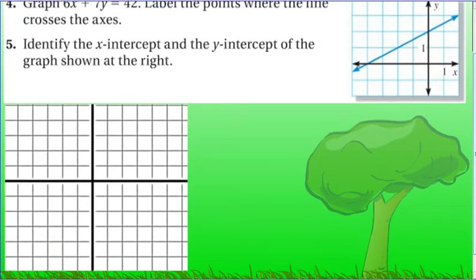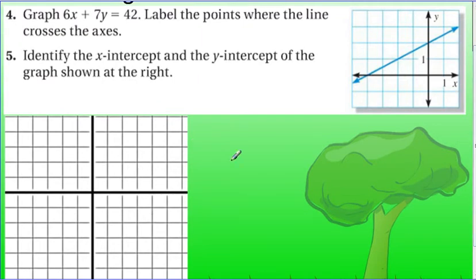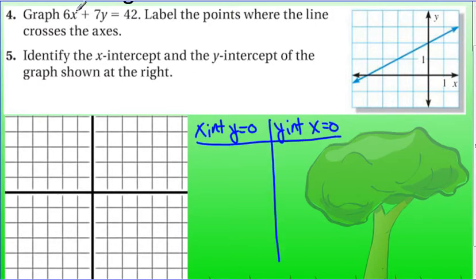Okay, let's do number 4 first. So we're going to find the x and y intercepts and graph that. So x-intercept is when y equals 0. Y-intercept is when x equals 0. So if I plug in 0 for y, I get 6x equals 42, divide by 6, divide by 6.